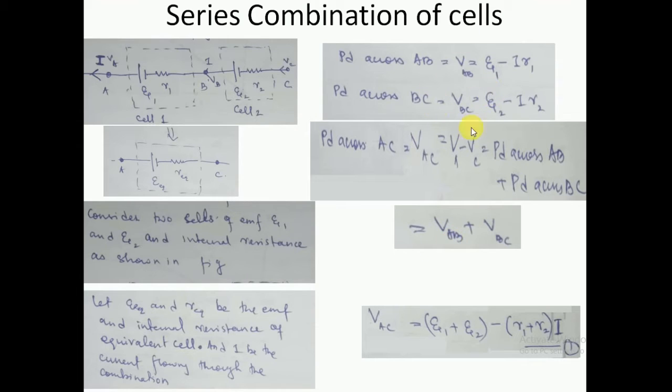Now I'll put the values from here: E1 minus I R1 plus E2 minus I R2. If I rearrange this equation, taking EMF on one side, minus IR1 minus IR2 together, if you take the minus common, it will be R1 plus R2 times I. I'm giving this as equation number 1.